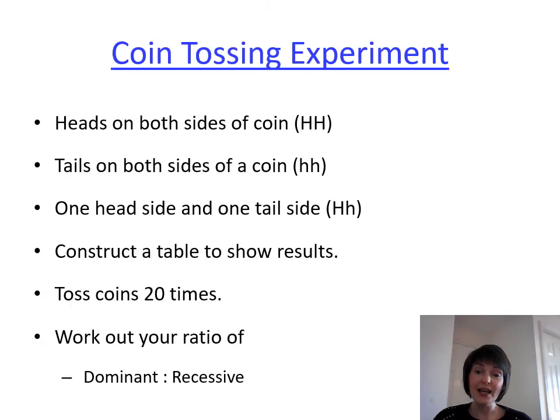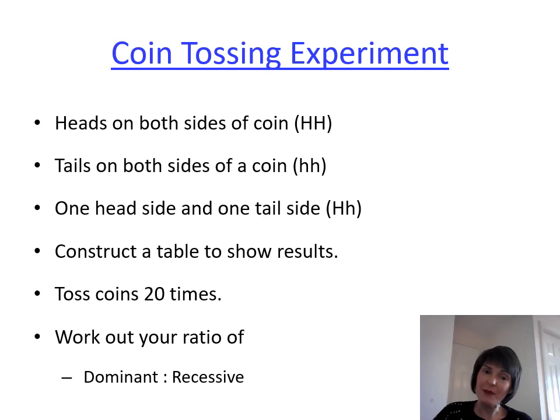A wee exercise that you can do to prove that is you can get two coins, which have a heads and a tails side, and toss them both at the same time. If both your coins land heads up, you would be big H, big H. If you have tails on both when you toss them, you get wee h, wee h.